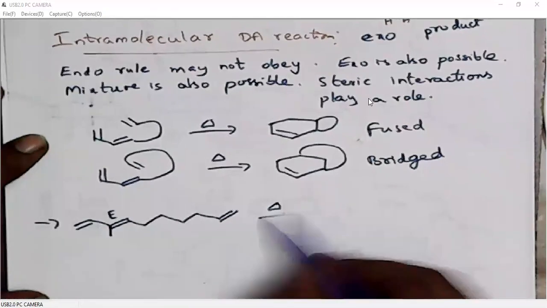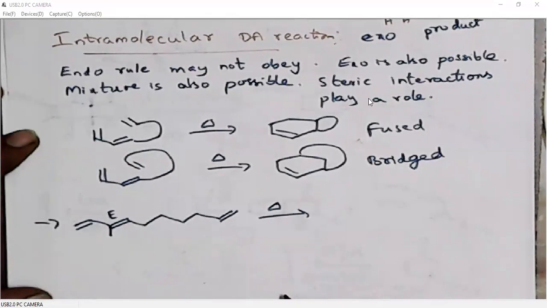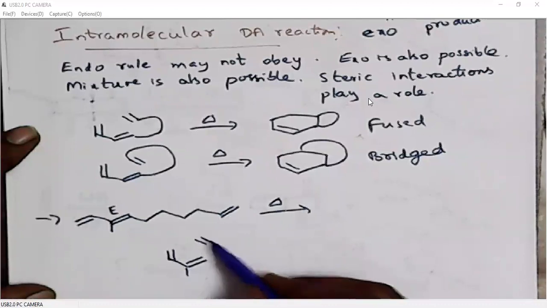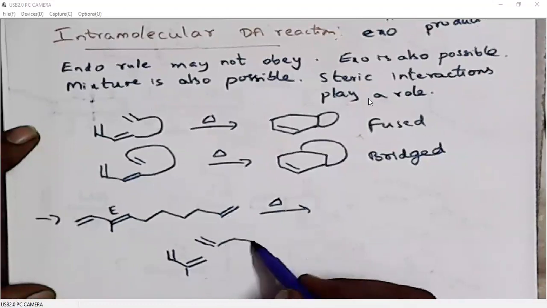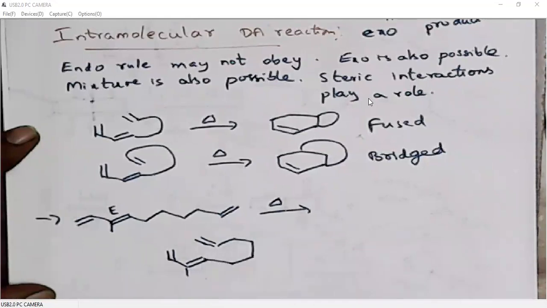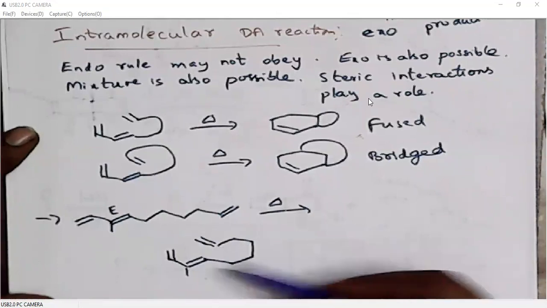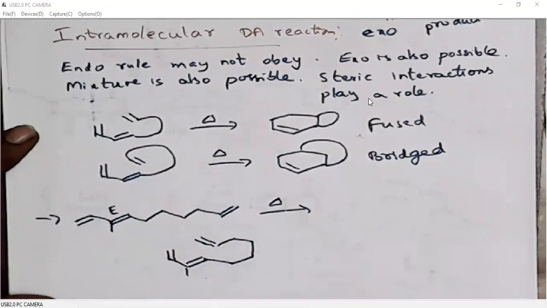When we do a Diels-Alder reaction on this molecule, how will it give the product? Now we need to write the configuration in a different fashion. So we need to write it like this. We have four rings. Because there is no endo selectivity here, only a diene and dienophile, no additional factors, that means no steric crowding, no endo selectivity. So absolutely this is okay.